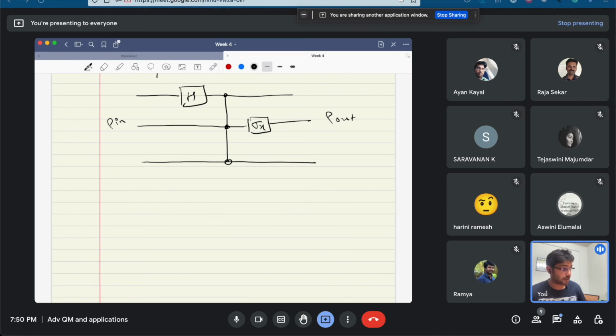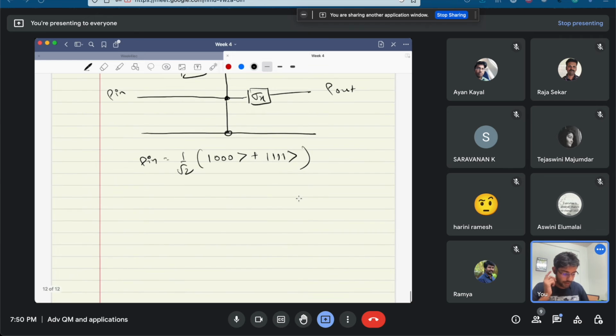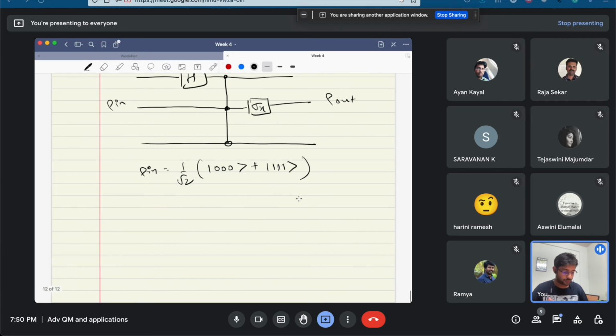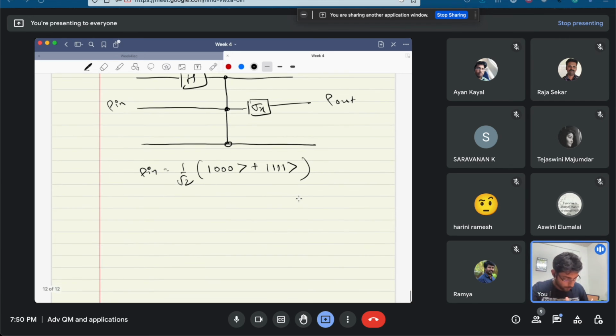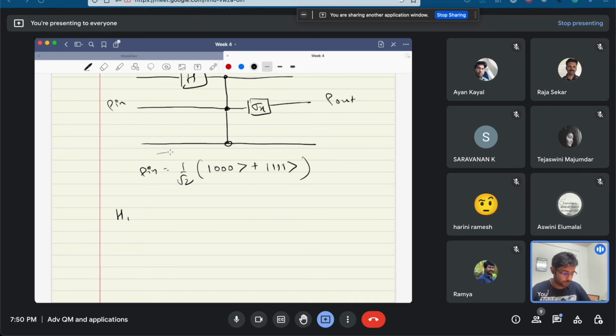So let us again take, let's say, an entangled state. So we have 000 plus 111. Okay, and we operate one by one onto these. So let's say we operate H. As time flows through this side, we are going to operate each by each.